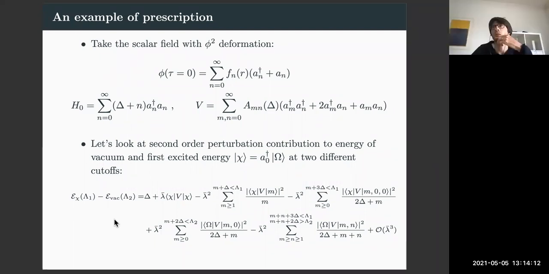One thing you could do, to try and be systematic, would be to use some other regulator so that your theory is finite, and then start integrating out.